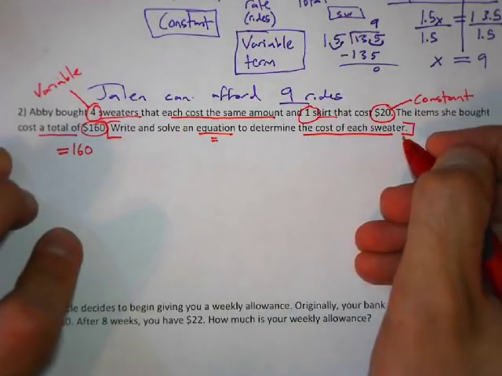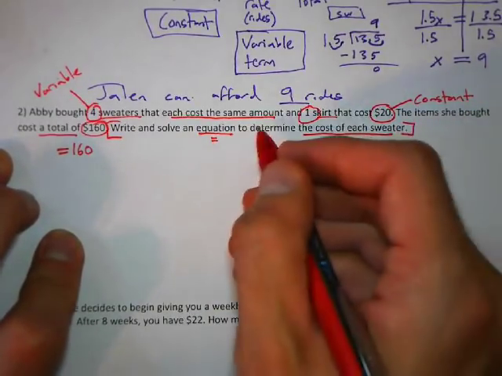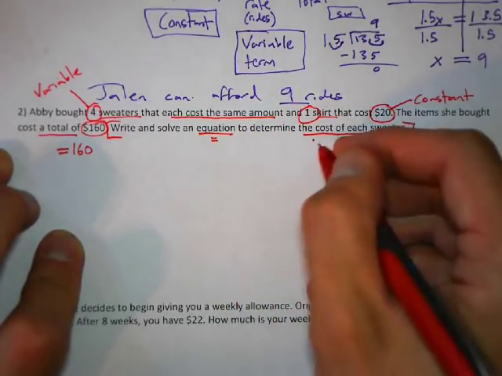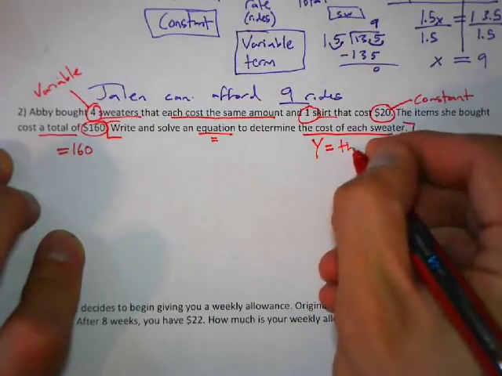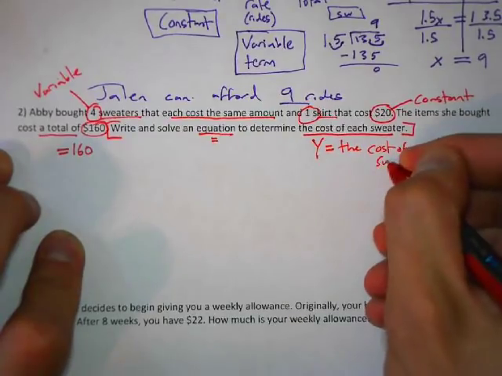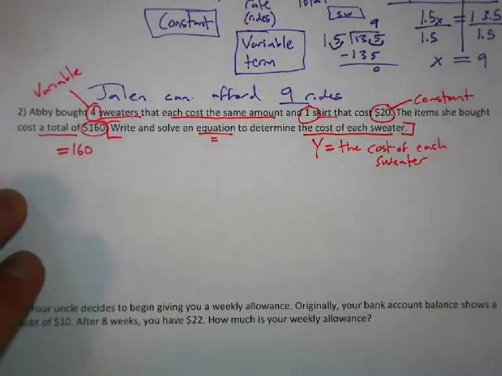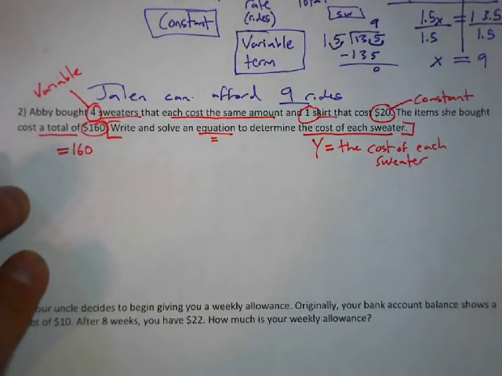Unlike the last problem, there's nothing to tell us what variable to use, so we're going to define one. I'm looking for the cost of each sweater, so that means the variable, let's use y, is going to be equal to the cost of each sweater. Okay, now that we've got a variable term and a constant identified, it should be really easy to write an equation.